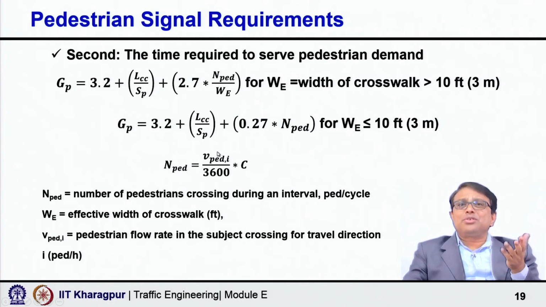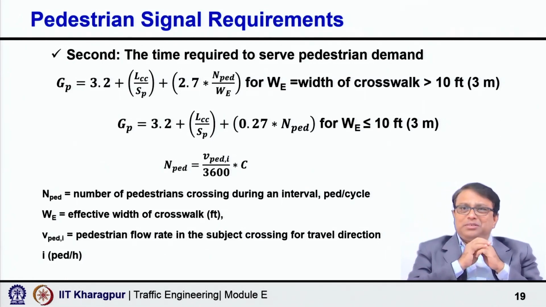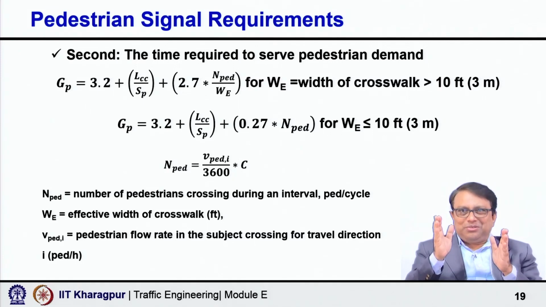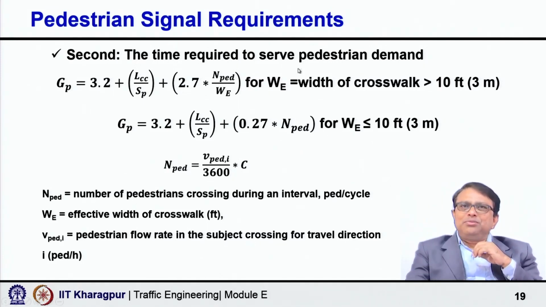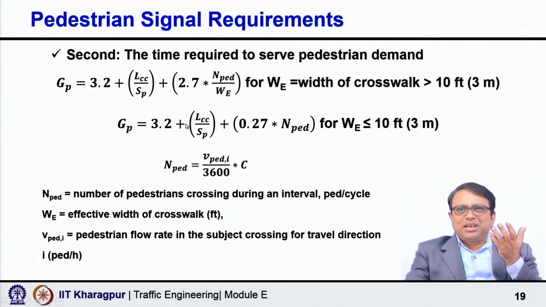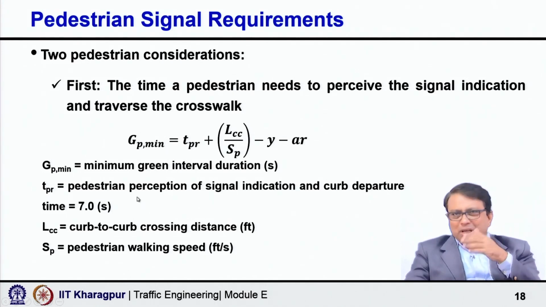Second, based on the volume of pedestrians and also how much width we are providing. This is the width of the zebra crossing, where people are crossing the road. If it is greater than 3 meter, then it is 3.2, which again is the perception reaction part, taken earlier as 7 seconds, which could be higher or lower.